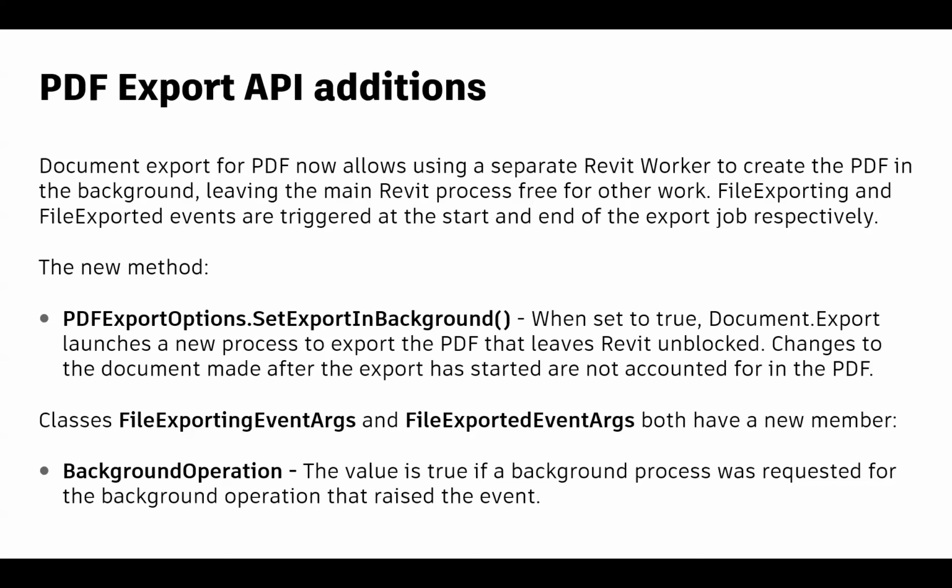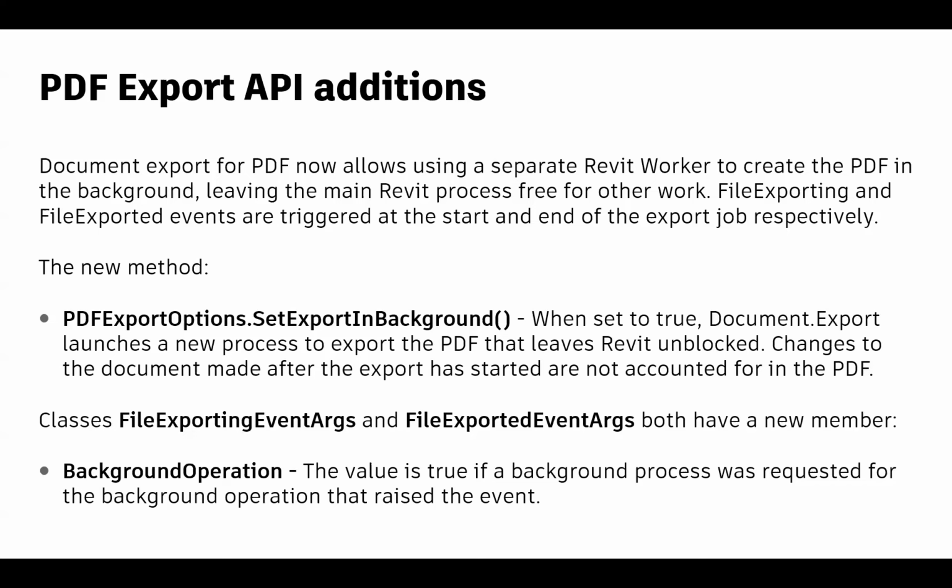Both events, file exporting and file exported, are triggered at the start and the end of the export job, respectively. The new method, set export in background, allows programmatically specify that we want to have this export to be executed in the background.